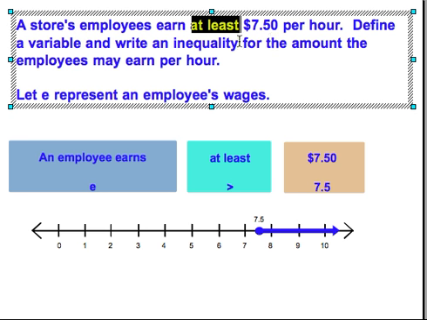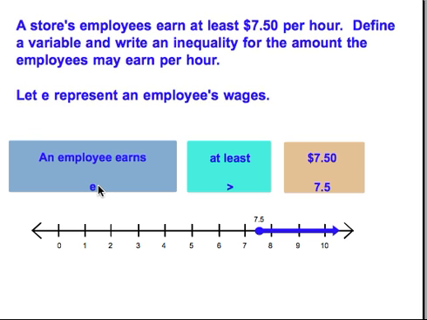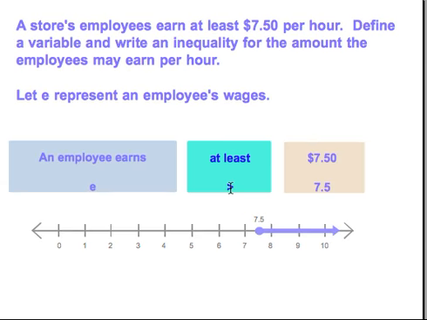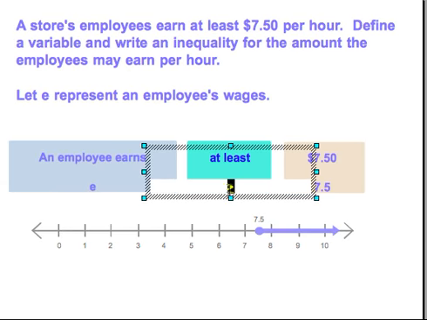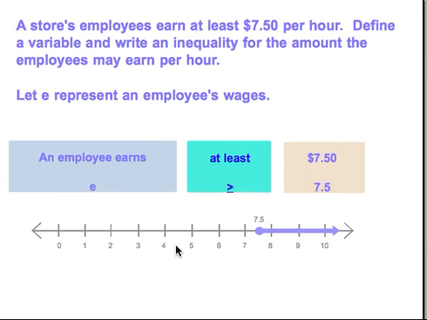So they could make $7.50, they could make $8, they could make $8.50. So the employee earns E, and it's at least, which actually should again be underlined. So it can be $7.50 or more. So E is greater than or equal to $7.50 or 7.5. And this models a graph, but don't worry about that just yet. We're going to learn that in tomorrow's video.